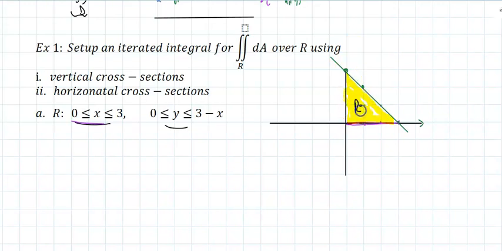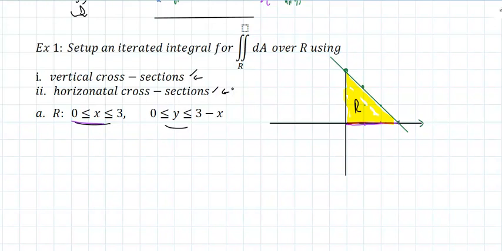If the book says use type 1 and type 2, just remember type 1 is really with respect to x, type 2 with respect to y. On a test, I will never say that. I'll say both cross sections, vertical and horizontal. So according to the book, this is type 1 and this is type 2.